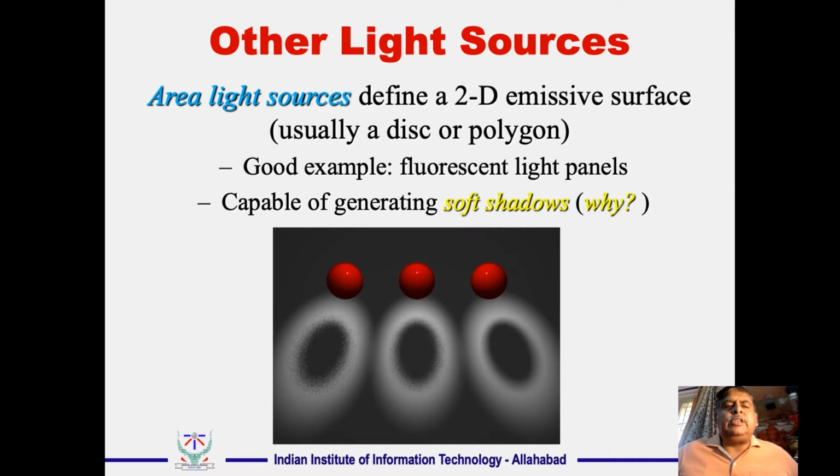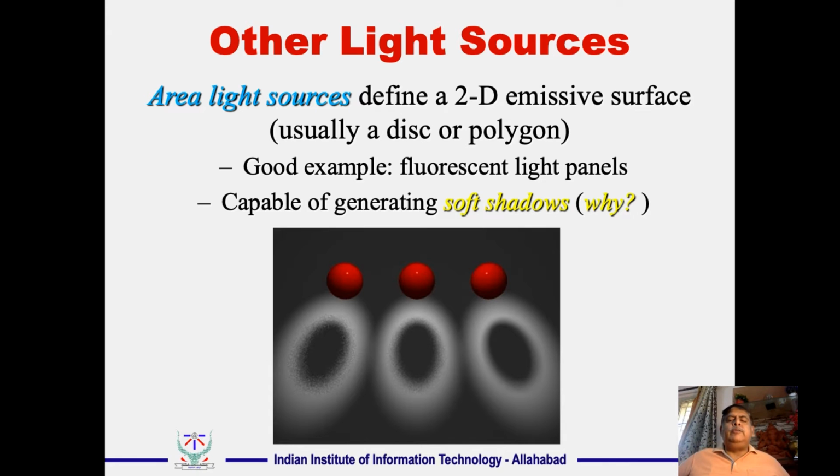Other lighting sources, area light sources, define 2D emissive surfaces, usually a disk or polygon. That is, you have an extended light source. A good example is a fluorescent light panel or a tube light, for instance, which has an extension in one direction, capable of generating soft shadows.